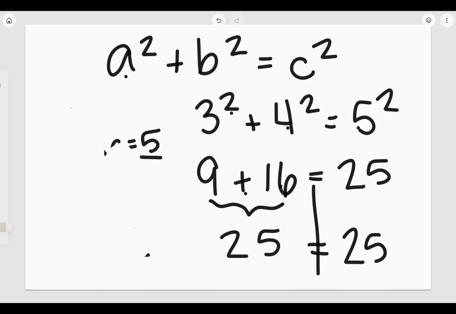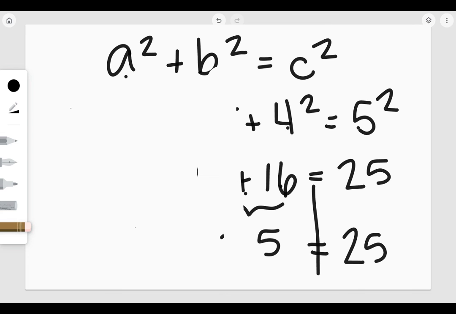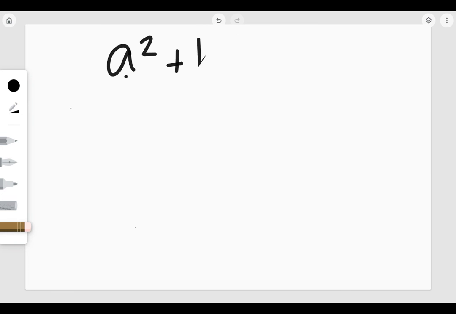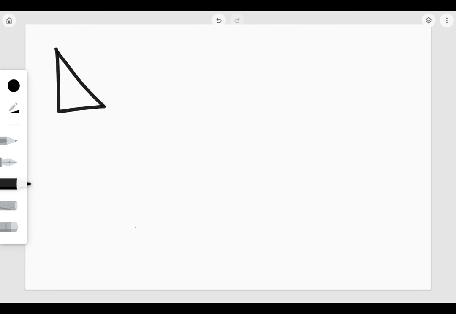I'm going to take a moment to erase this, and we're going to do one problem together and try to find the hypotenuse of a right triangle. I'm drawing freehand here, so things may not be to scale. You just have to trust me when I tell you the side lengths.